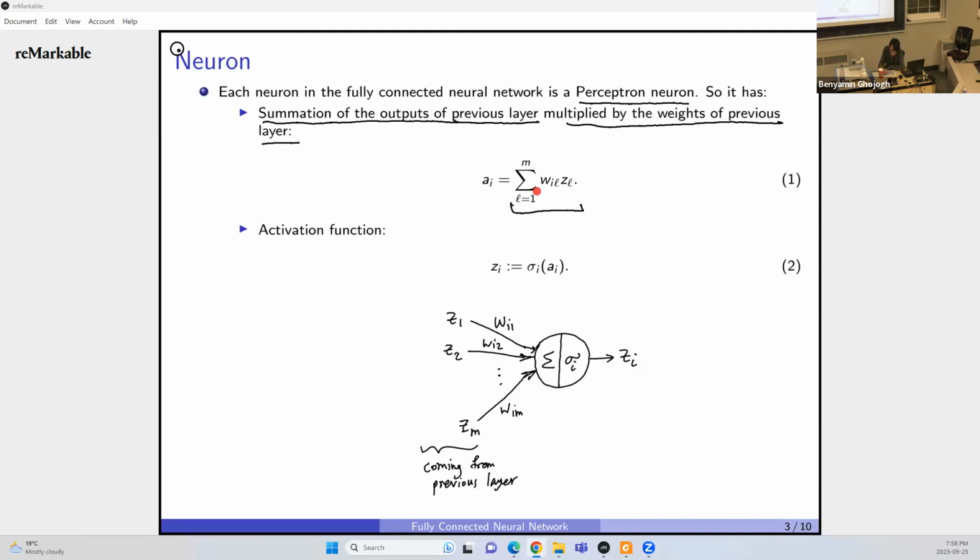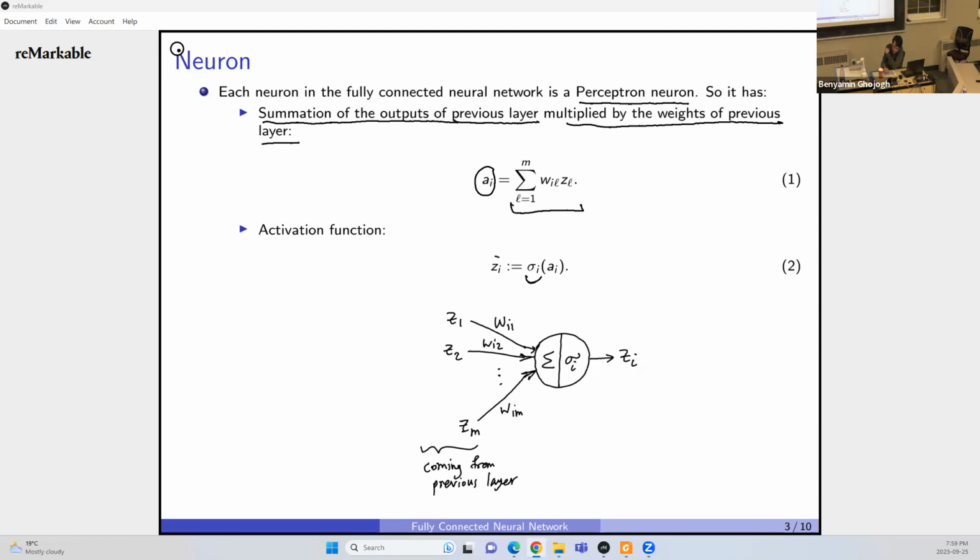Then I sum them up over L, which is the number of neurons in the previous layer. Then I denote it by A_i here. Now I feed A_i to some activation function, sigma_i, and this sigma_i can be a nonlinear activation function.